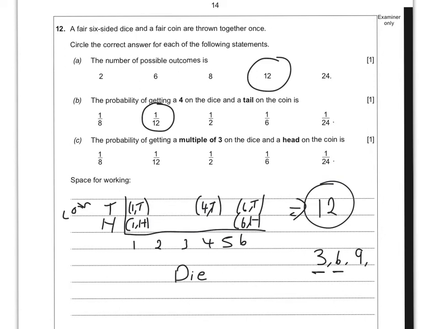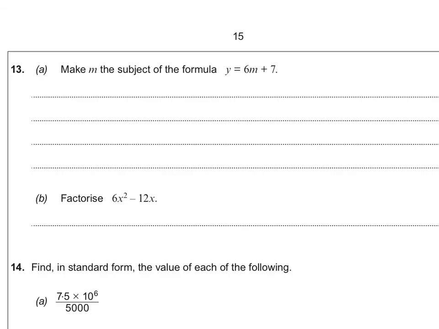And we want to get a head, so we can get a 3 and a head or a 6 and a head. So that answer is 2 out of a possible 12. When I look though, that isn't in my list of answers. However, 1/6 is, because 2 out of 12 can be simplified down to 1 out of 6 by dividing the numerator and the denominator by a factor of 2.